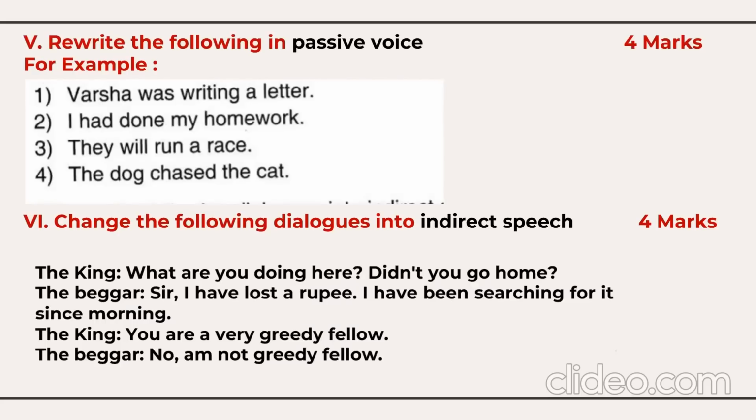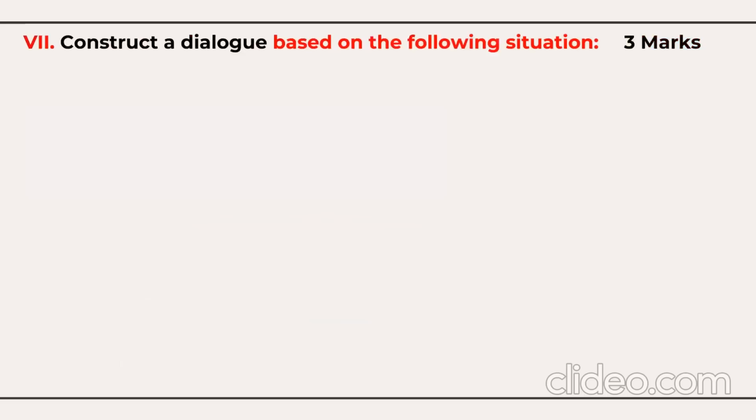He also asked if he had not gone home. The beggar replied that he had lost a rupee and he had been searching for it since morning. The king stated that he was a very greedy fellow. The beggar denied this. This is how you need to convert it into indirect speech, 4 marks.